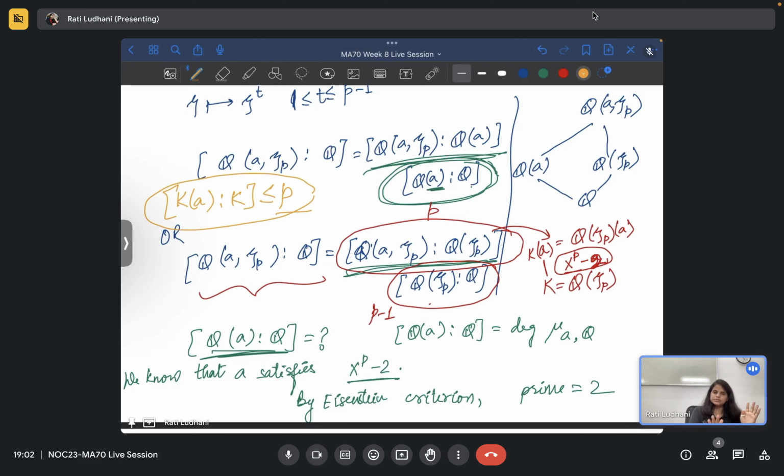At the end it will become just p, but right now we don't know that. We just have the information that it will be less than or equal to p, that we are sure of.